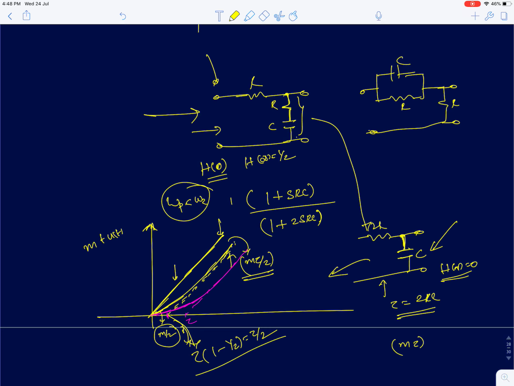You can see intuitively in this circuit that instantly when the input is applied, the capacitor here will behave like a short circuit. The output is 0 through the capacitor, but there will be a resistor at the output which will give you a gain of half. So the output actually rises. It doesn't rise parabolically, but rather rises linearly at t equal to 0 with the slope of m by 2.